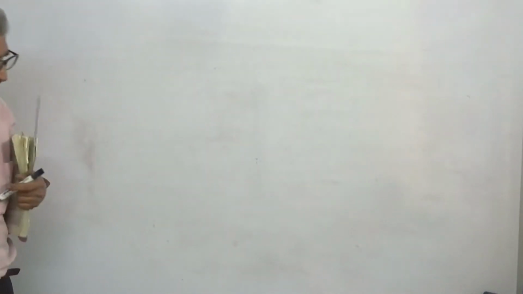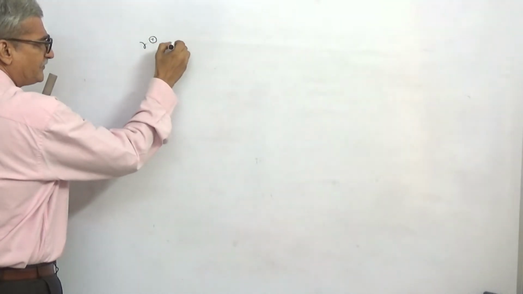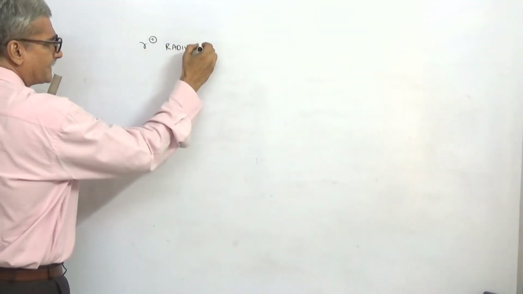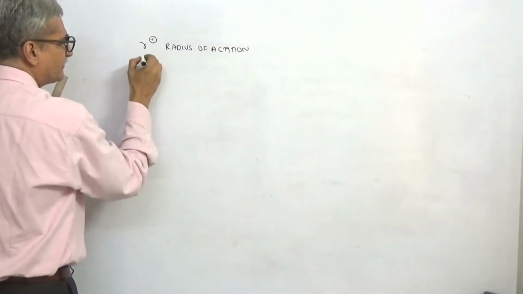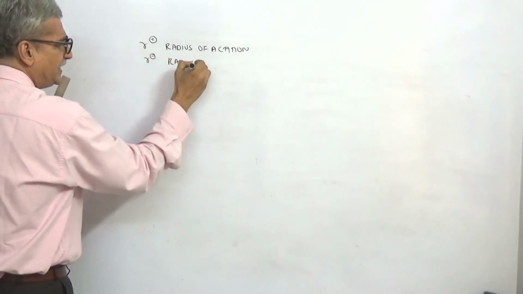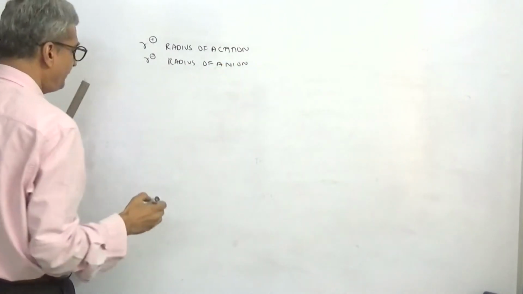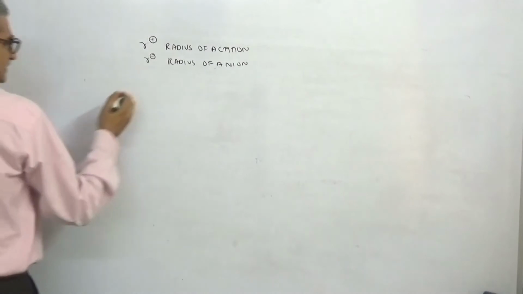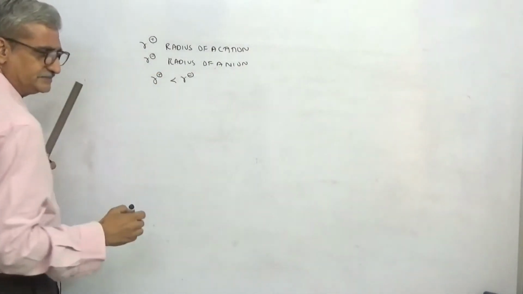So if I write R plus, it is the radius of a cation. R plus is the radius of the cation, R minus is the radius of the anion. A simple rule: the radius of the cation will always be less than the radius of the anion.